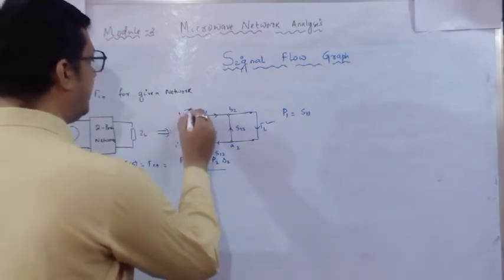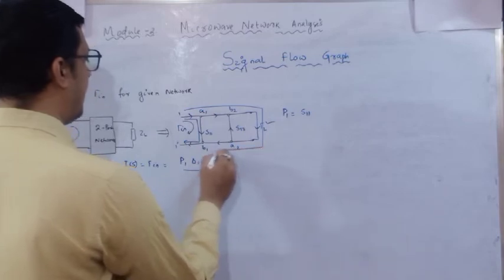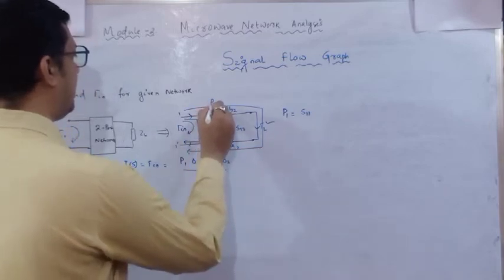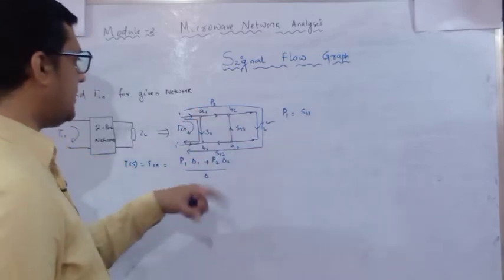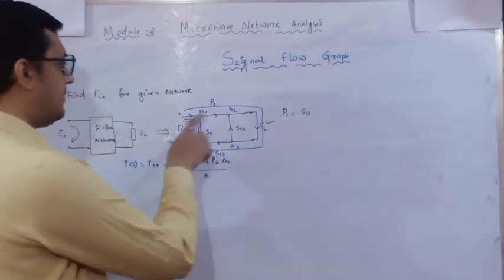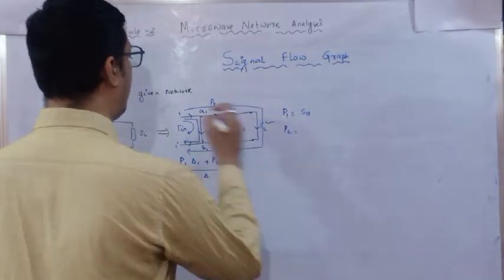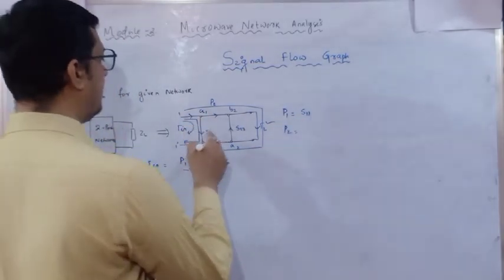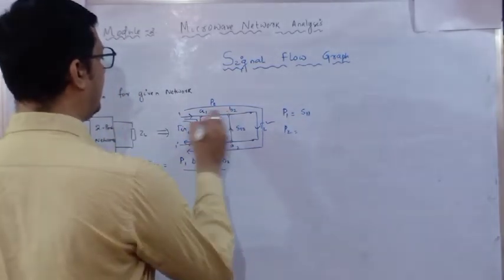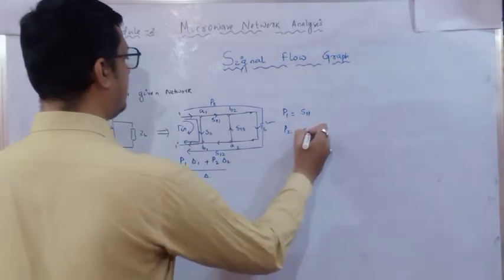Second, you can see that this is the second path, P2, and the others are not interlinked with each other. So for P2, the path gain: first this path is S21, I will write S21.